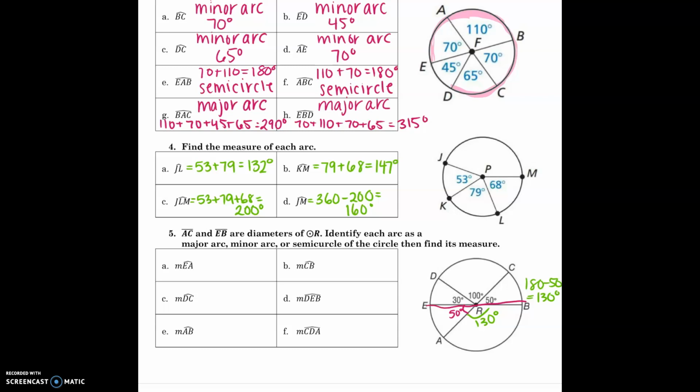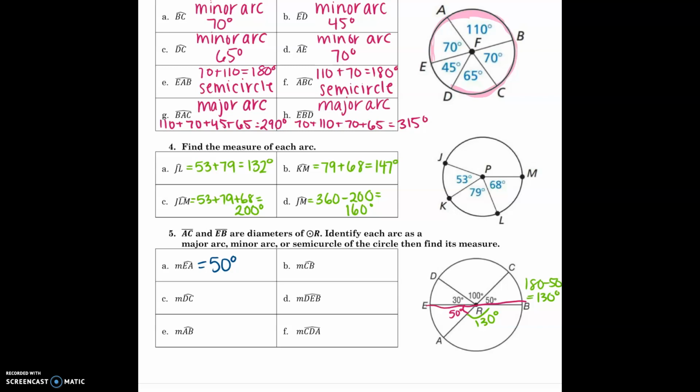Now that we have all of our central angle measures, we can go ahead and find our arc measures very quickly. So the first one we have is EA. We found that central angle to be 50 degrees, so we know that the measure of arc EA is 50 degrees.